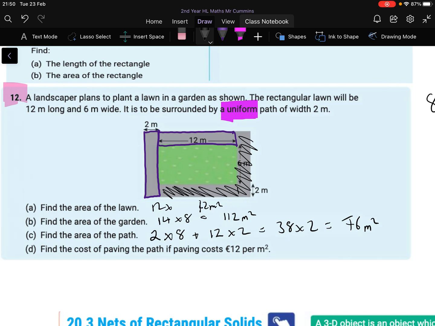Okay. The last bit: find the cost of having the path if paving costs 12 euro per meter squared. So we have 76 meters squared in total.